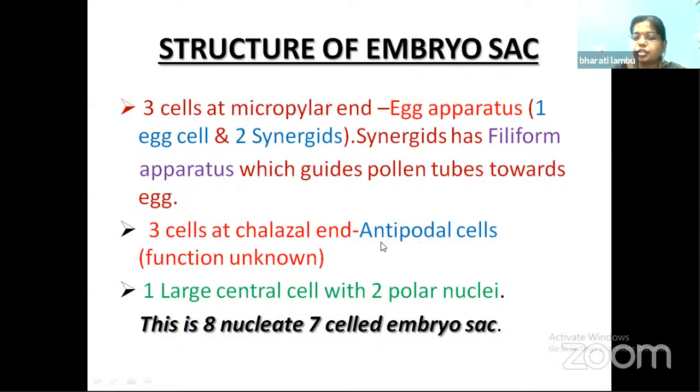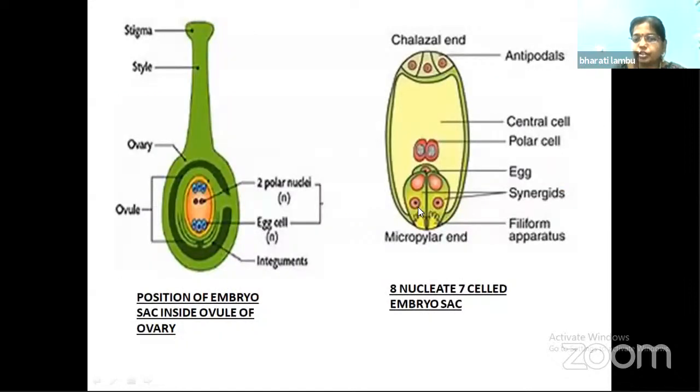Also, these antipodal cells supply nutrients and growth hormones to the developing embryo. That is the function of antipodal cells known till now. Antipodal cells contain nutrients like carbohydrates, lipids, proteins, oxidases, ascorbic acid and so on.